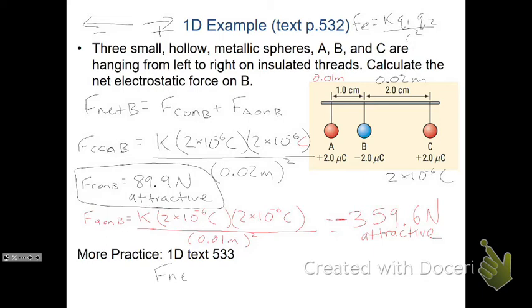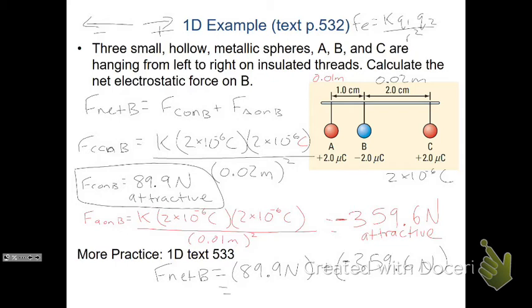So F net B is equal to, so FC on B was 89.9 newtons. We're just doing direction now. Plus negative 359.6 newtons.